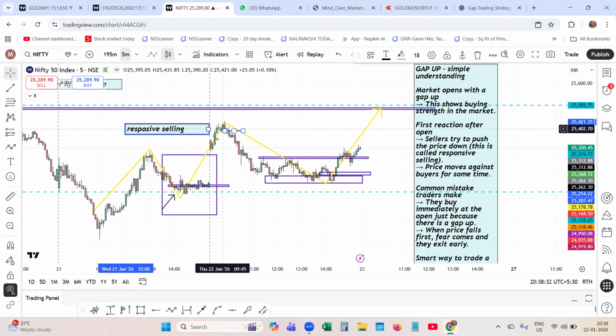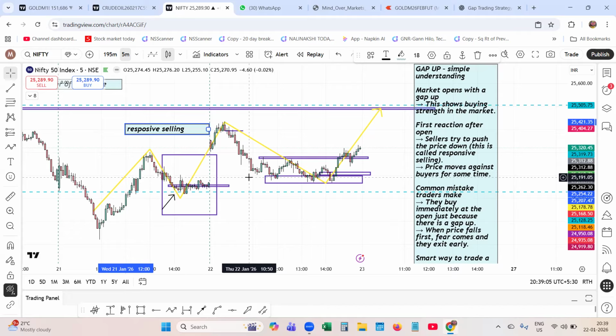The buyers gapped up and it moved higher a little bit and then it started coming down. Sellers try to push the price down. This is called responsive selling, and price moves against the buyers for some time.